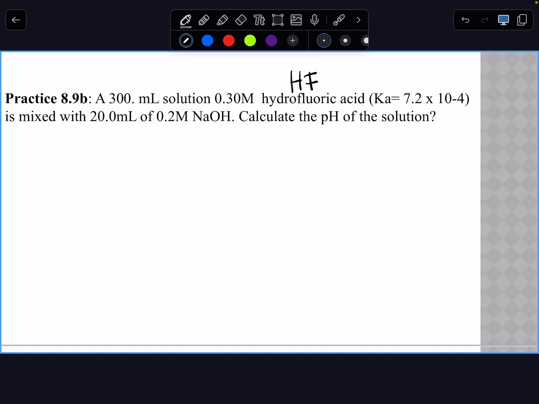Is it the one from two of them? We're only focused on the F minus, so we don't use the other one. Is it on the top? Let me double check mine real quick.